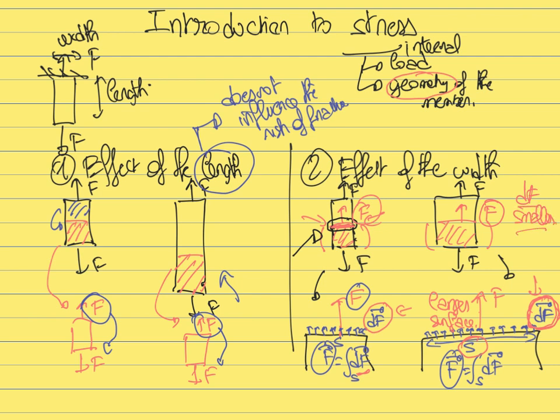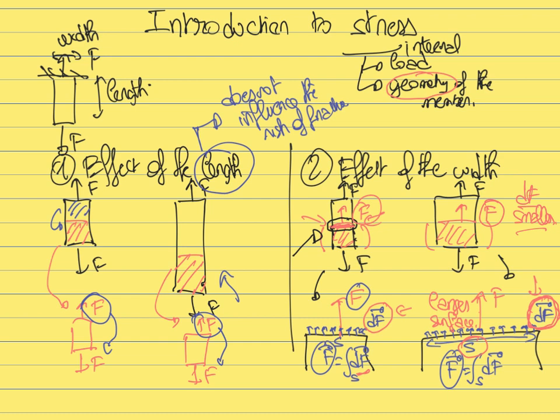Another way of understanding this is that we have the same total force F that is applied by the top to the bottom on the beam on the left and on the beam on the right. But on the right, this total force F is distributed throughout a larger surface.